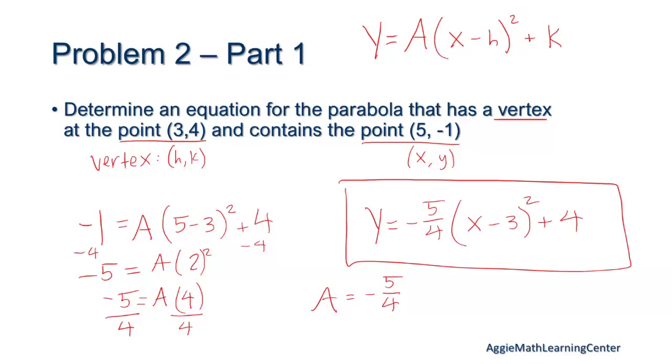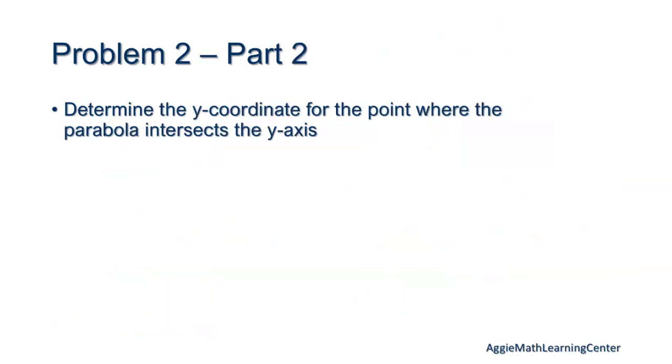Okay, any questions with that one? Perfect. So you just find your a, and then you plug all your unknowns in. Solution: -5/4 (x minus 3) squared plus 4. Got it.